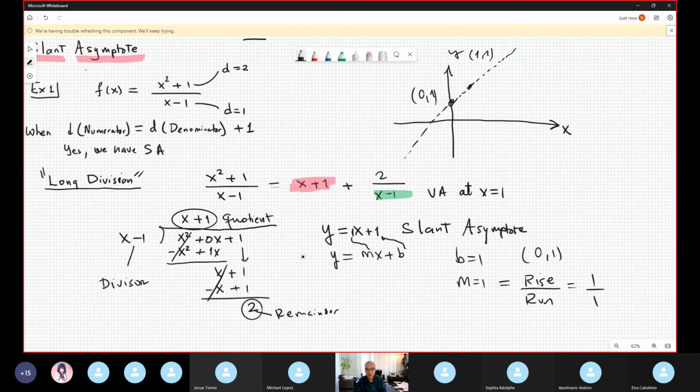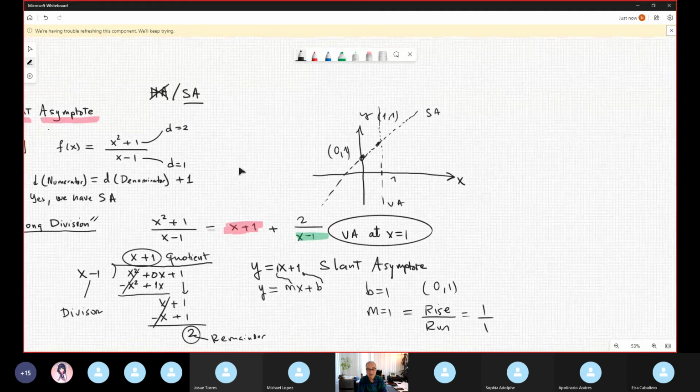However, we have another asymptote, which is vertical. A 1 here and a vertical line. So this is important information. We have a slant asymptote and a vertical asymptote. And the rest I want to teach next class.